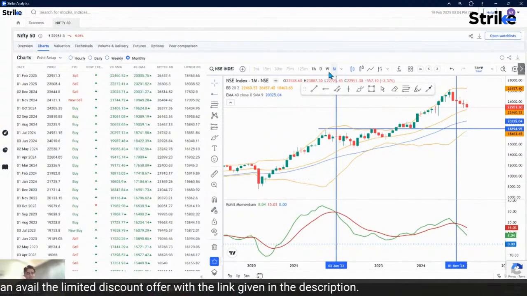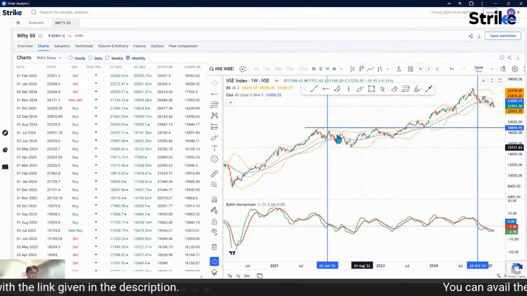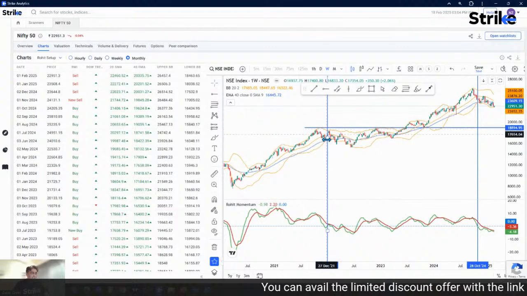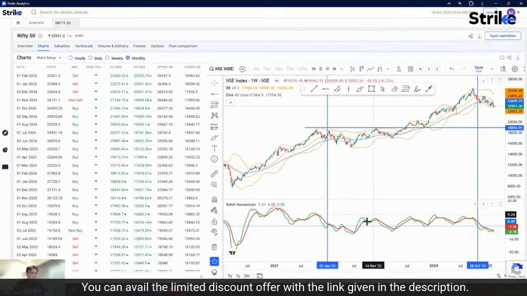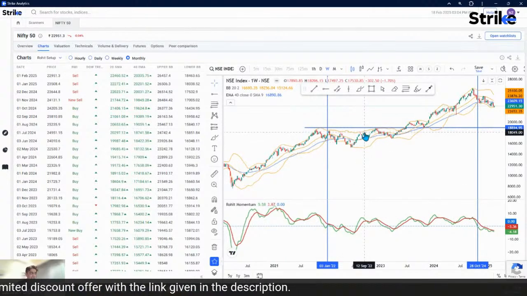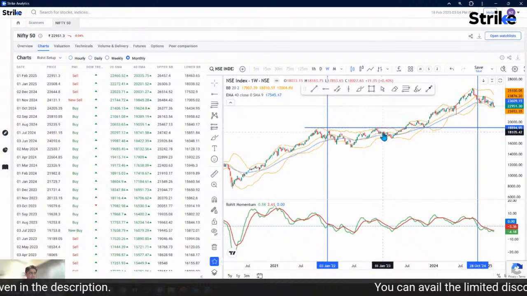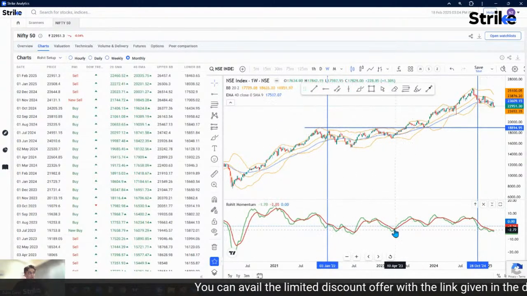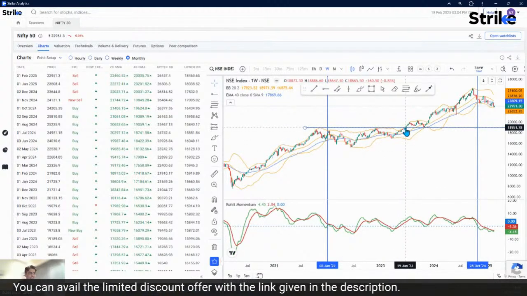Now you check this on the weekly chart. On the weekly chart over here, this line that was marked was a new sell on the monthly chart, and after that on every sell on the weekly chart, you got an opportunity to exit. And when the overall trend was there, a new buy was generated, but it did not last longer.